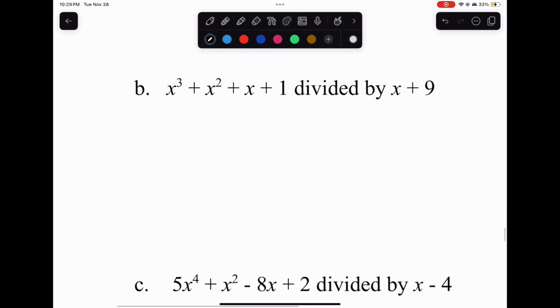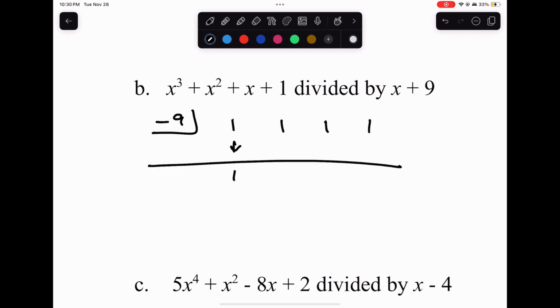Let's do another one. So here all our coefficients are 1. And we are dividing by the root, which is -9. And let's do some synthetic division. So bring down 1. 1 times -9 is -9. 1 plus -9 is -8.